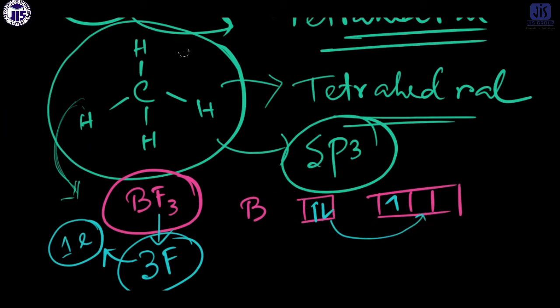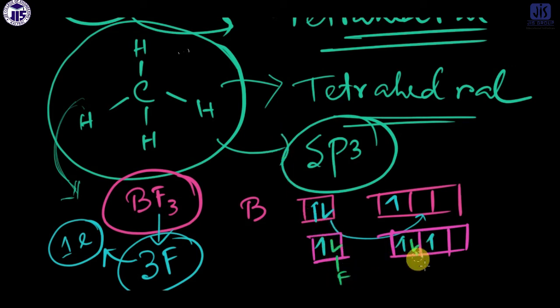So then what happened, here you can see that it looks this way, and there are 3 fluorine atoms, and hence here it is the 1 fluorine, it is another fluorine.